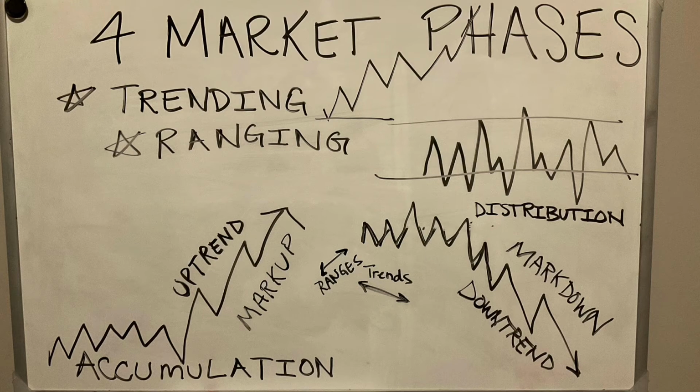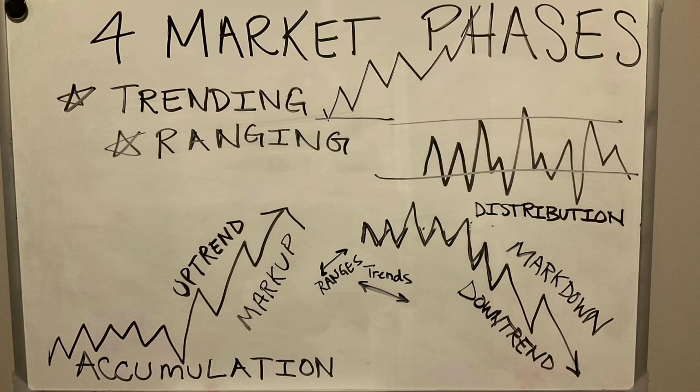First off, you have an accumulation phase, which is basically a range or a consolidation phase where the price accumulates shortly before a markup, or basically an uptrend. And vice versa, you also have a distribution phase where price distributes and consolidates in a range before it marks down and continues into a downtrend.